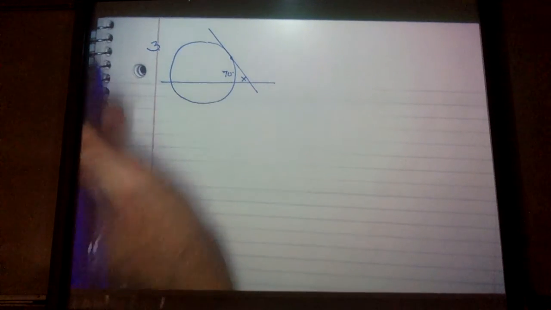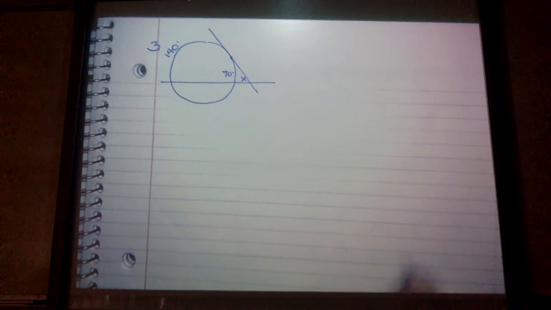The next couple are going to have to do with a secant and a tangent line. Number 3: if I have a tangent line and a secant line, here's my outside angle. This is 70 degrees.